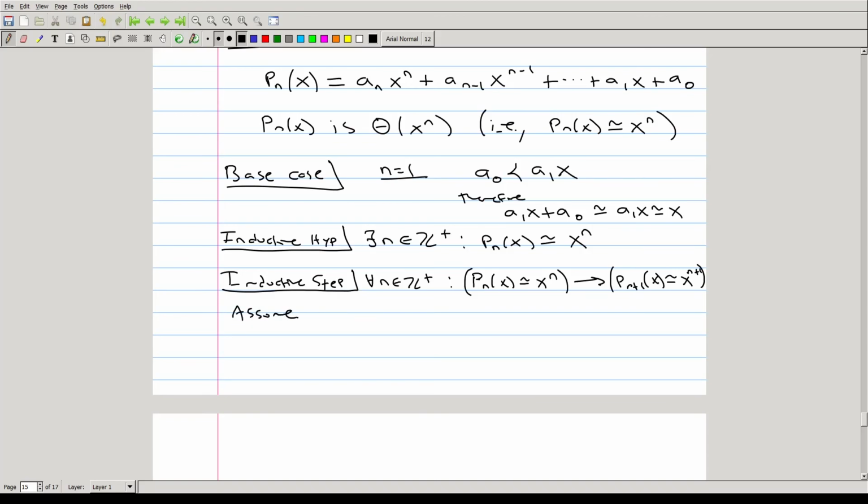So we start by assuming that Pn of x is of the same order as x to the n.